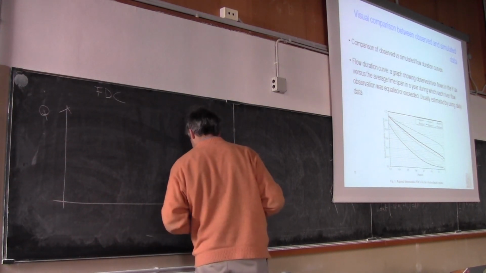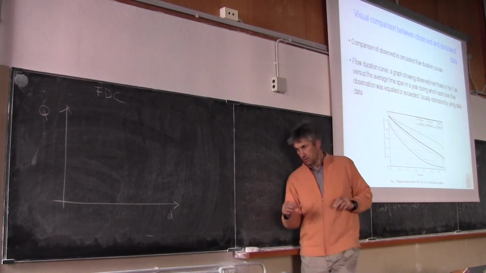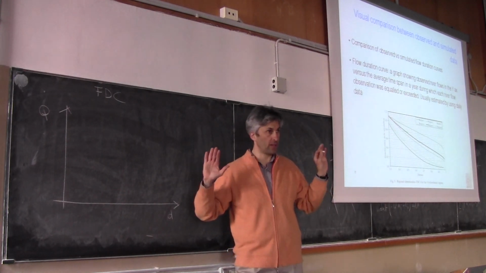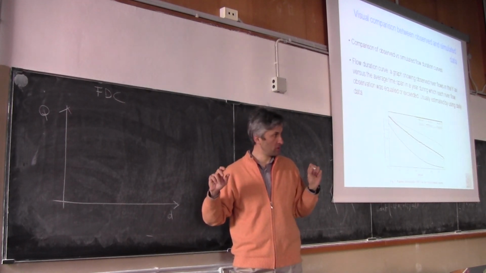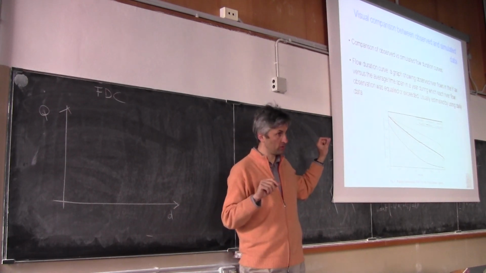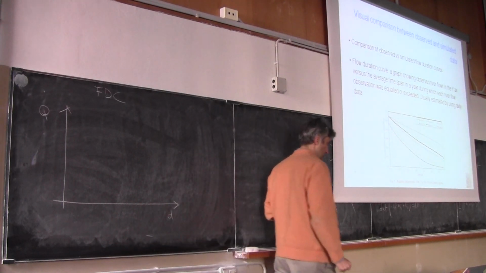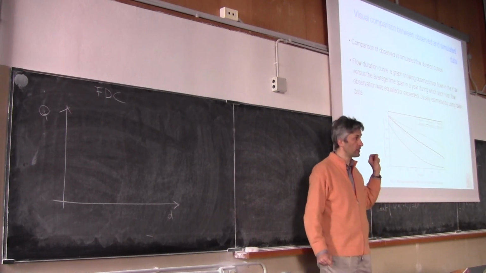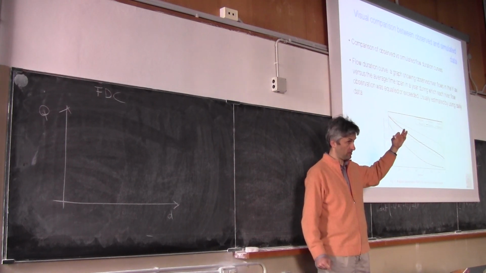Let's be more precise. First of all, the flow duration curve refers to a cross-river section, okay, to a given location. And for that given location, it reports on the abscissa the time in which a given river flow was reached or overpassed.